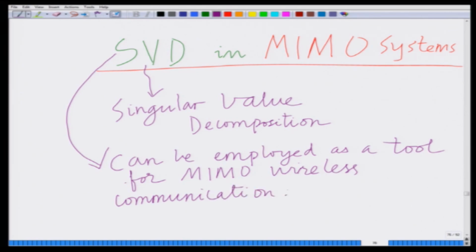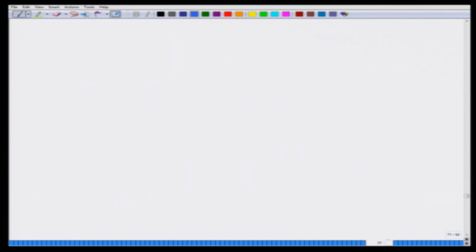So, SVD can be employed as a valuable tool for MIMO wireless communication. Let us look at an example, let us look at how the SVD is employed in a MIMO wireless system. So, we have the channel matrix H, this is the MIMO channel matrix.